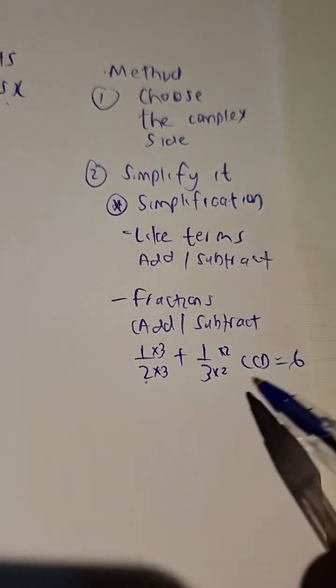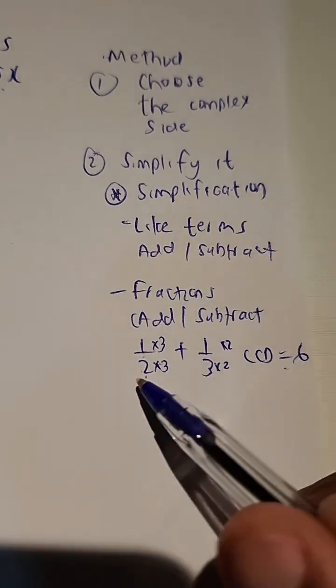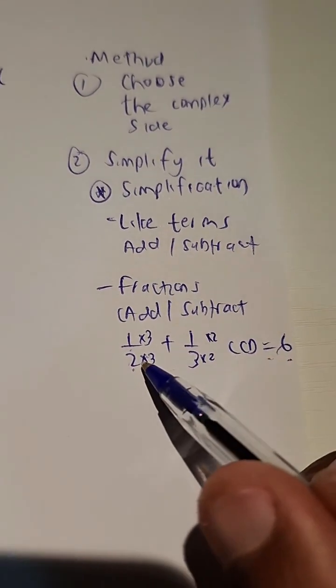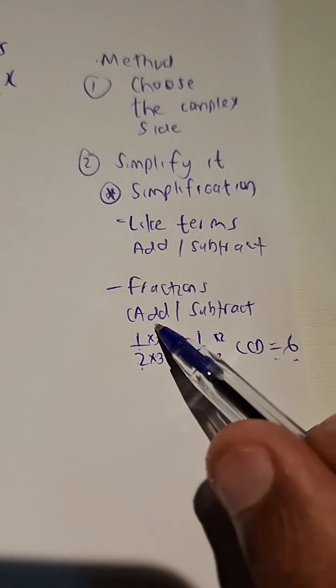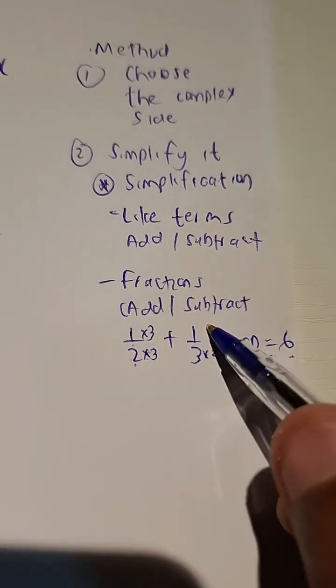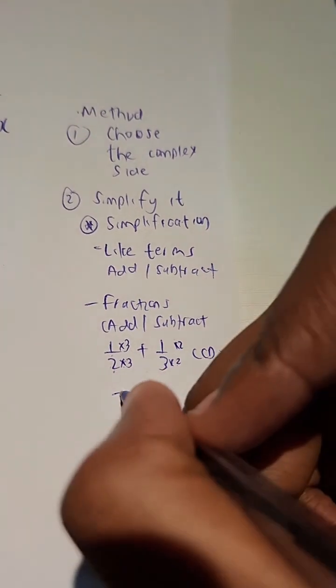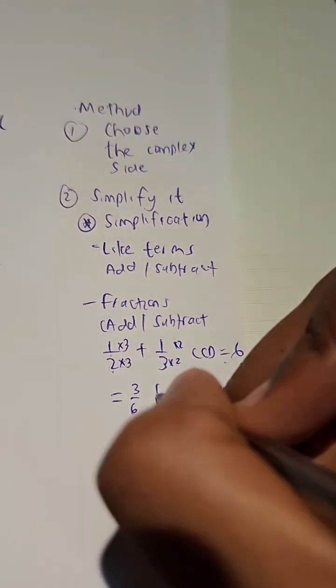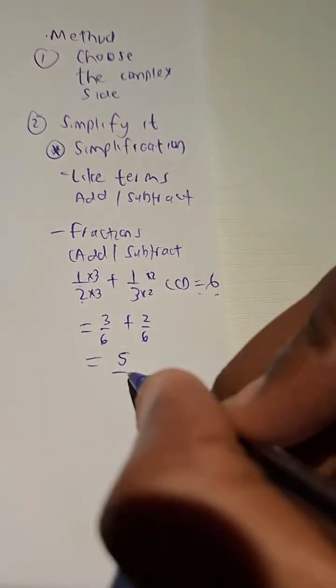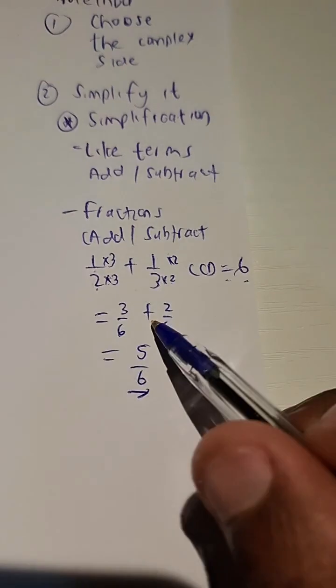So for instance, in order to make 2 become 6, which is your lowest common denominator, you times by 3 in the denominator and you times by 3 in the numerator. Same thing with this side, you times by 2, you times by 2. That way you are able to get 3 over 6 plus 2 over 6. When the denominators are the same, that allows you to add the numerators whilst you keep the denominator.